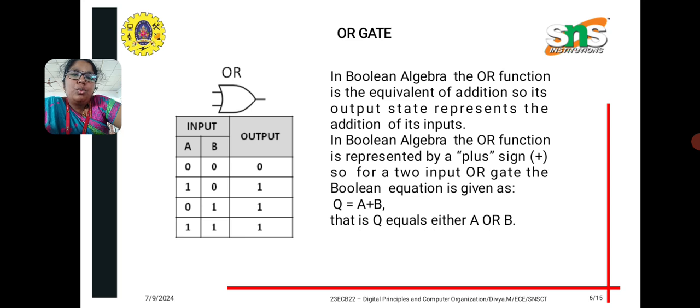Here we have a truth table. If either input is 1, the output will be 1. Only if both inputs are 0, the output will be 0. If both inputs are 1, the output will also be 1.